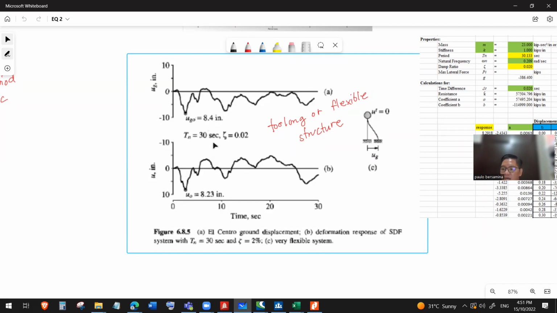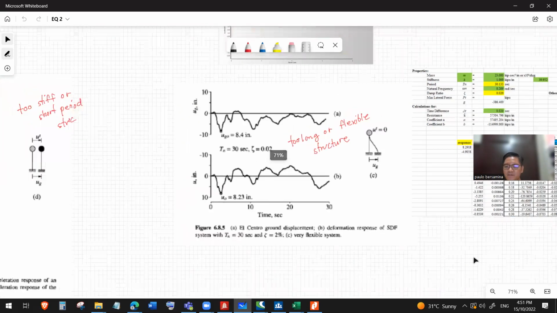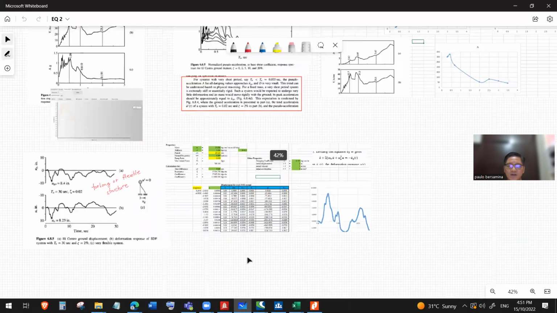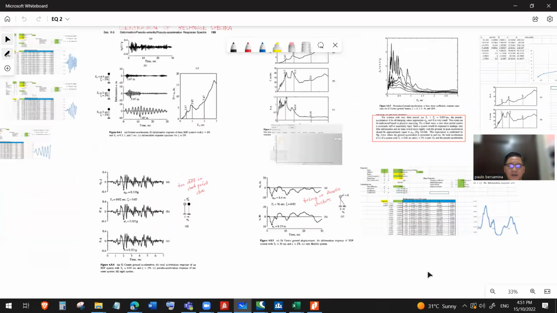So, halos nagtutugma rin sila. Okay? So, kumbaga, stationary na halos yung mass sa taas, no? Kasi sobrang bilis nung ground motion, tapos sobrang flexible ng building, naiiwanan na siya, eh, no? Yun nangyayari. Okay, so that's it for our response spectra.